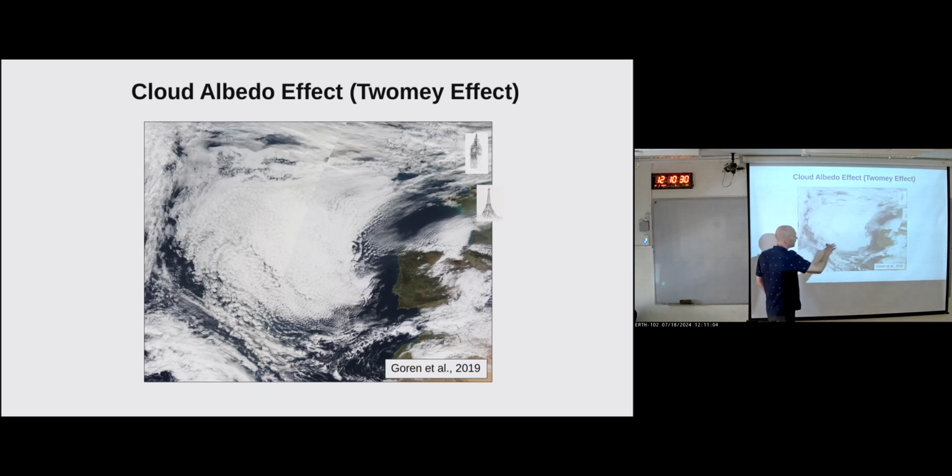And in case of high pressure, there is movement of air mass from Europe into the ocean. So I show that these clouds are brighter because they form in polluted air masses. They have more aerosols. And we also quantify the contribution of the anthropogenic aerosols. So these clouds are brighter because of anthropogenic aerosols.